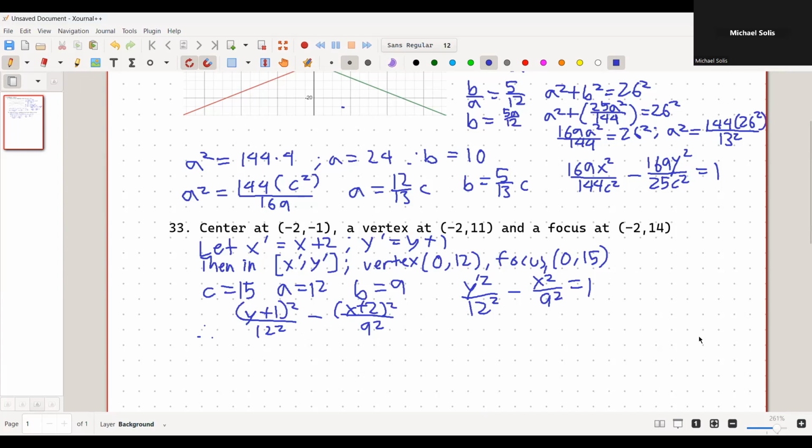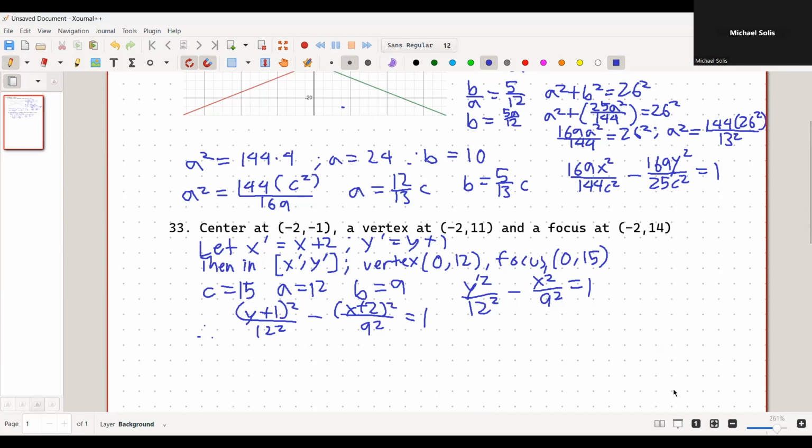Okay, I think kailangan nating i-edit yan. So that's equal to 1. Okay. So, yan yung equation na.